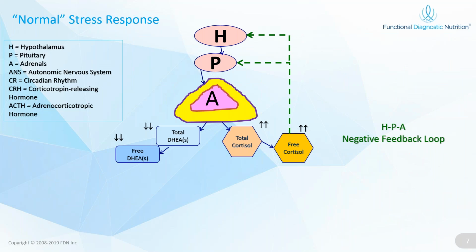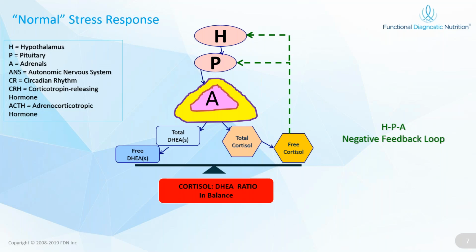And something kicks in called the HPA negative feedback loop. An intact HPA negative feedback loop would say, hey, adrenals, slow down, you're okay, you don't need to crank out that cortisol anymore, and the other things that it might be doing. And so we would have what? We'd have cortisol to DHEA in balance.